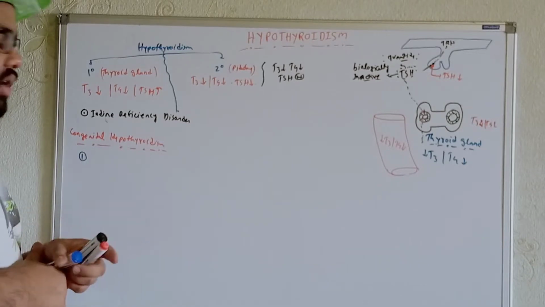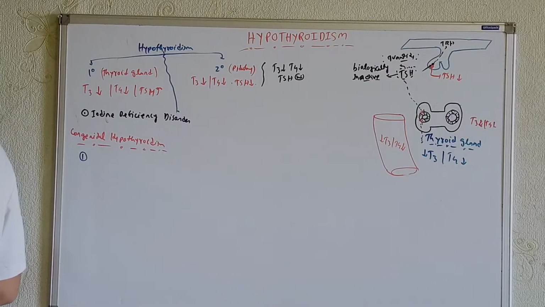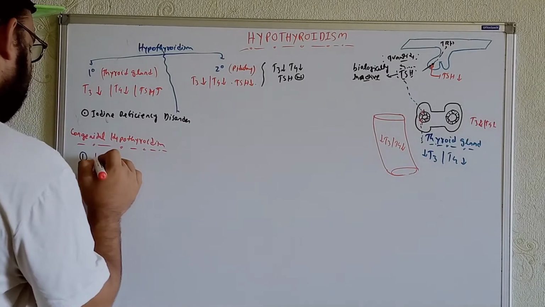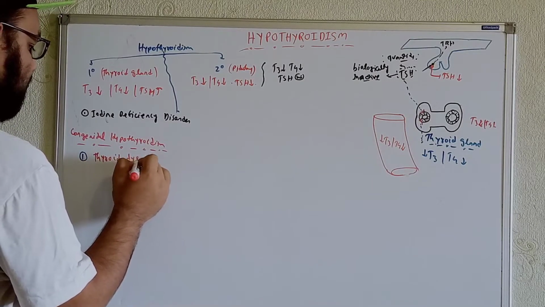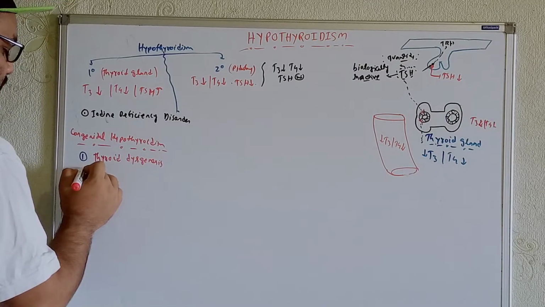So let's use a different color and a different term for it. Thyroid dysgenesis. If we get thyroid dysgenesis, where is the problem? The problem is at the gland level.